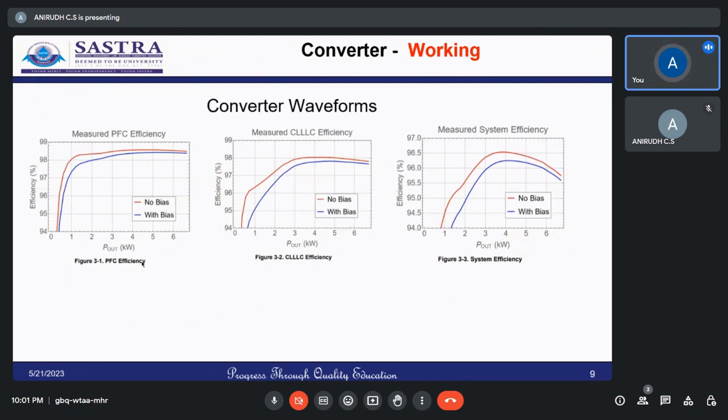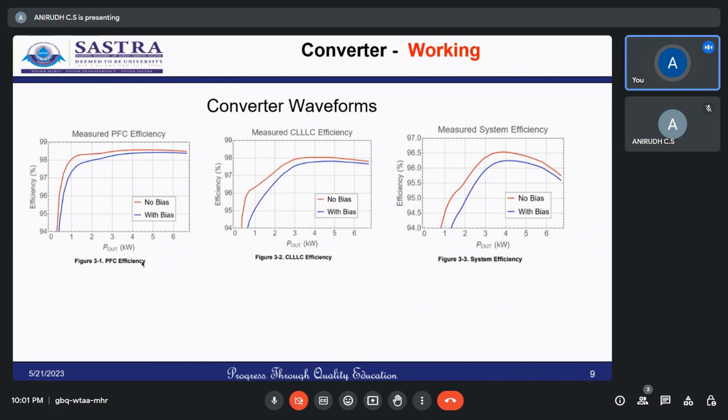Now we will be talking about the converter waveforms. Here we have three waveforms. The first graph is between output power and the efficiency, in which we have two parameters for both biased voltage and unbiased voltage. In the second graph, we show the efficiency for CLLC.